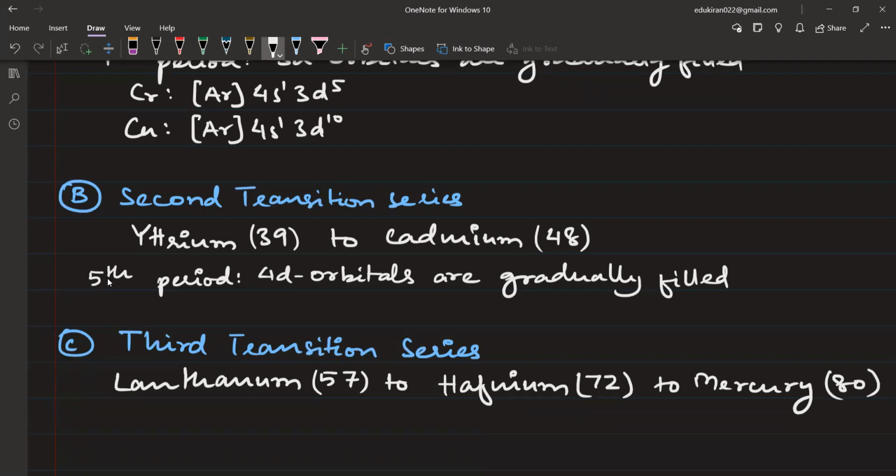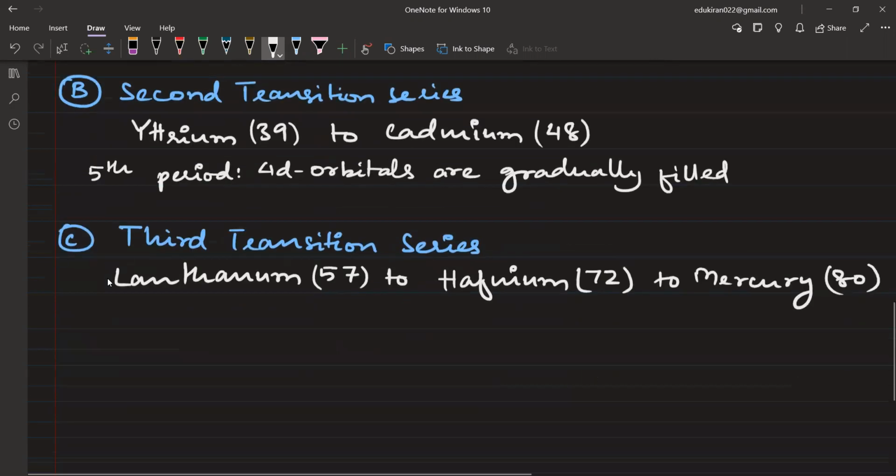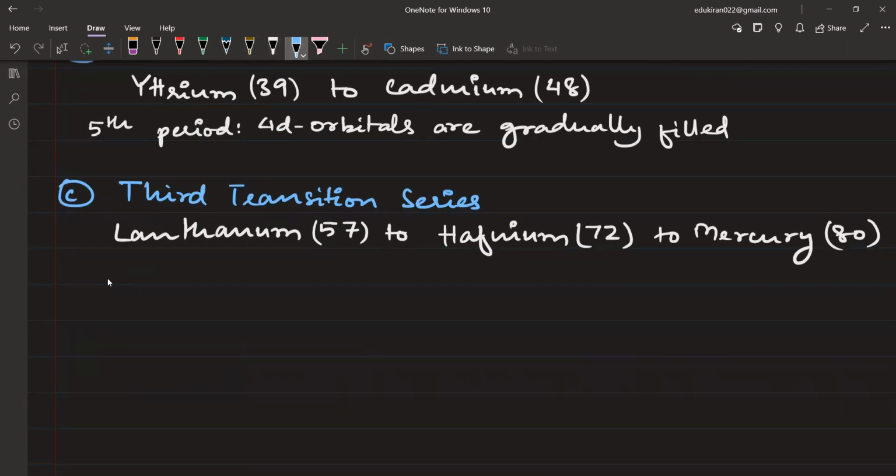You can also write for the fourth transition series. Okay, in this, what is going to be filled? This is the sixth period. Five d orbitals are filled.